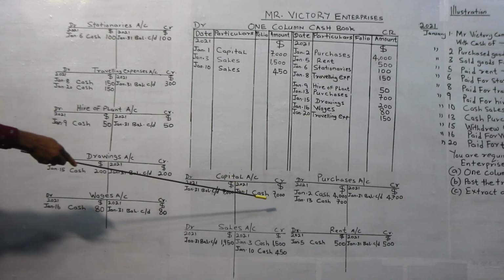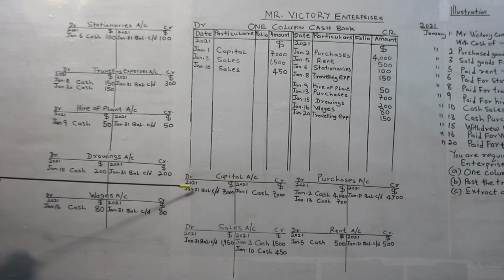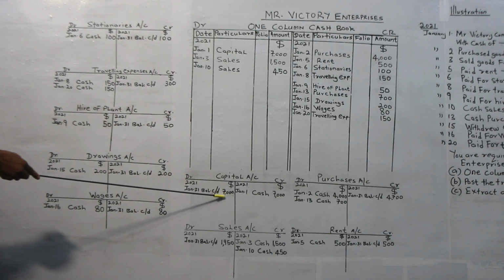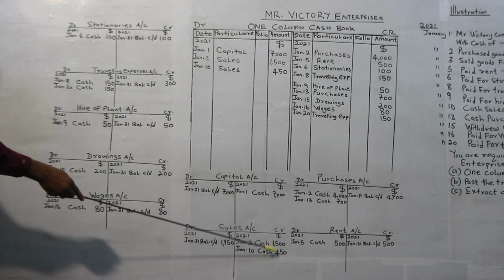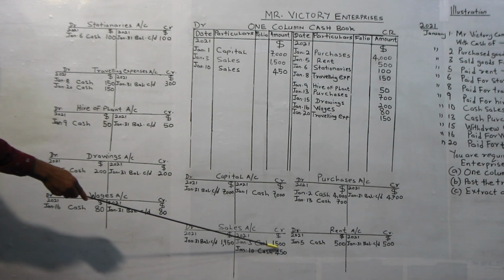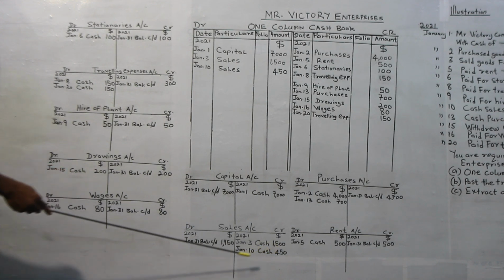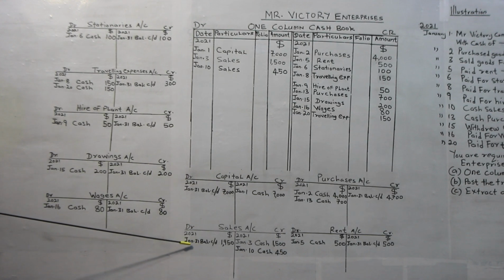For the capital account, which is on the credit side, you can see the balance carried down is on the debit side. And yet, the two sides are equal, 7,000, 7,000. Then, for the sales account, the total balance is on the credit side, $1,950. You can see it now becomes on the debit side, balance carried down of 1,950.